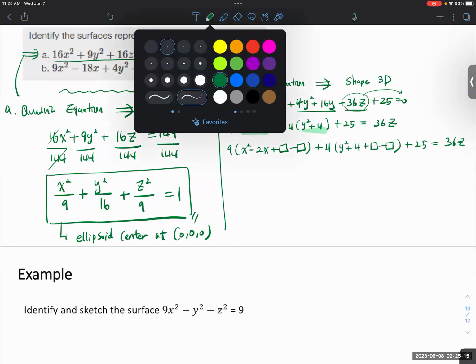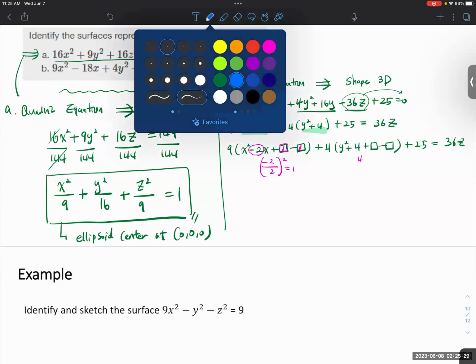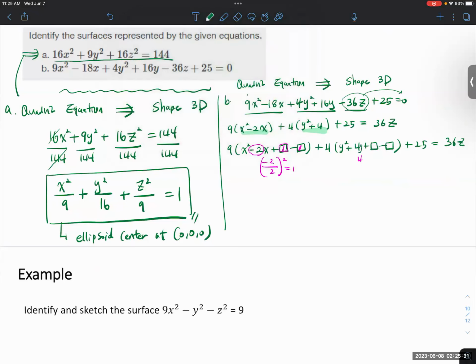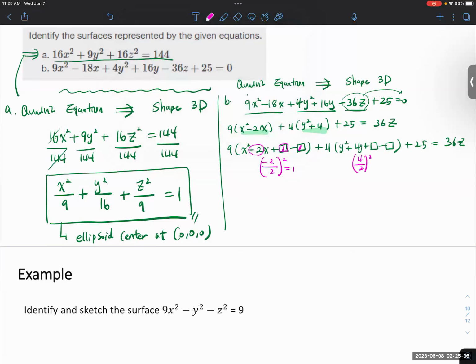I want to find this number. Do you remember? You divide by 2, take half of it, and square it, which is 1. So you're adding 1 and subtracting 1. Same thing with y: I'm going to divide 4 by 2 and square. You have a 4 and 4. So what does it mean?